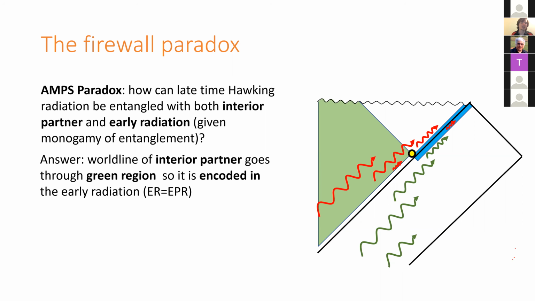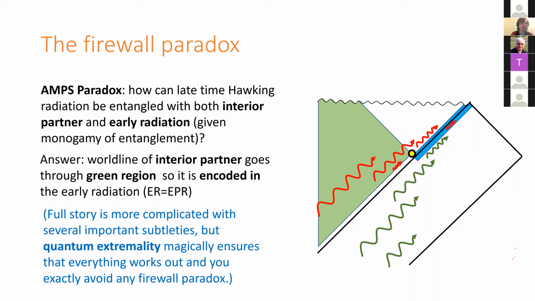This is the so-called ER equals EPR or A equals RB resolution to the firewall paradox. But again, we're deriving it from gravitational calculations. The PETS map shows that you can extract this mode into the Hawking radiation, and then in gravity, that mode will just no longer be there in the interior. So we have no paradox, everything works.